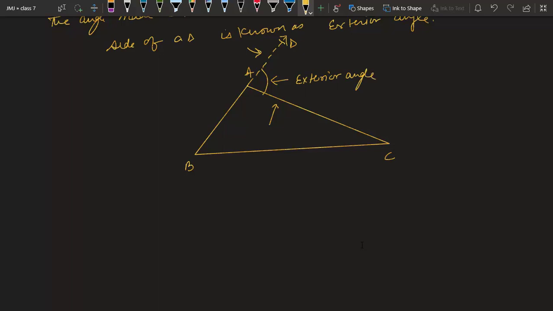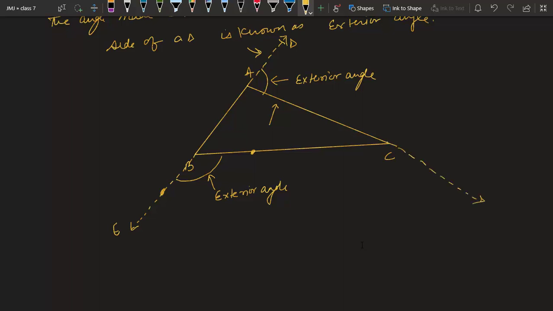Similarly, if we extend side AB to E point, then this must be your extended line, this is your adjacent side, this is your exterior angle. In this case, suppose I extend this AC now like this.